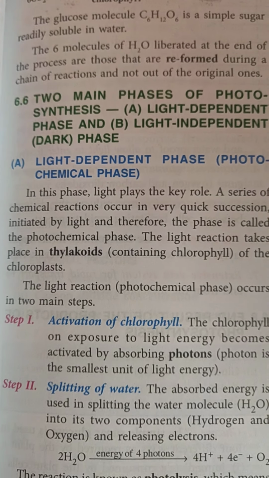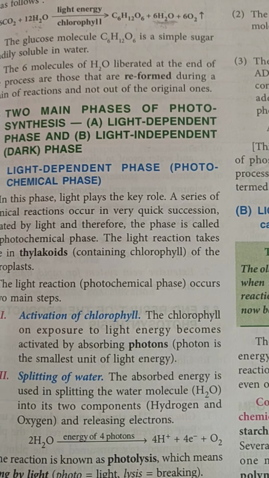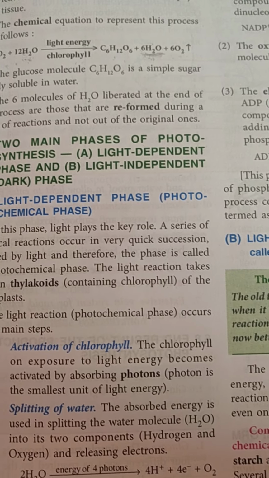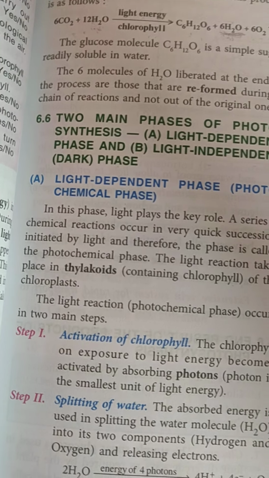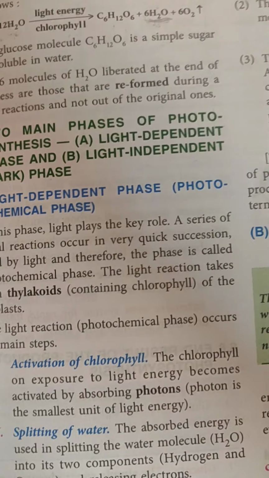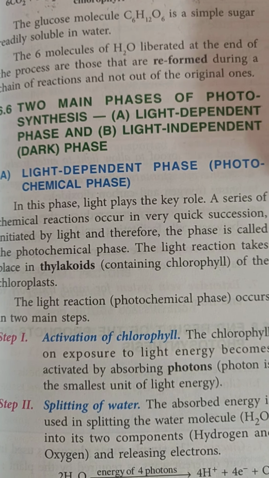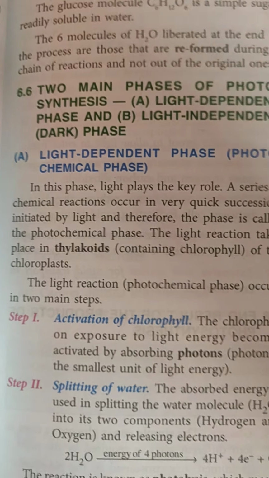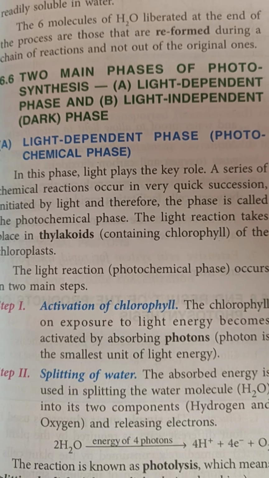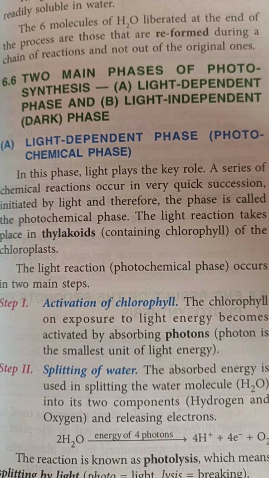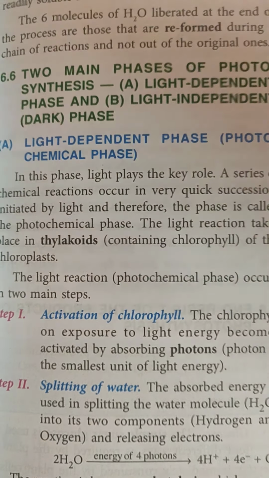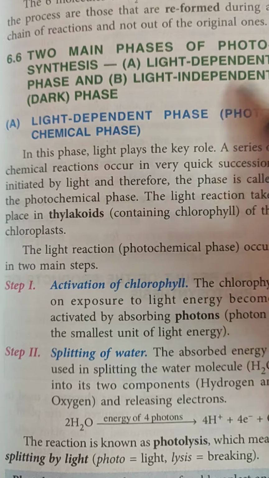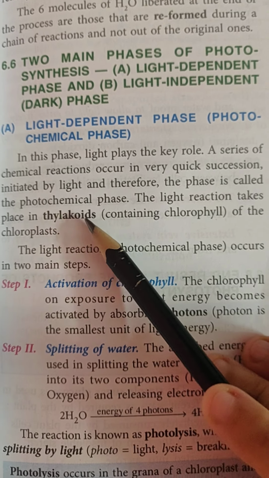When we talked about chloroplast, we learned that the walls of the thylakoid contain chlorophyll. So it's quite obvious that the light reaction, or light dependent phase, takes place in thylakoids.